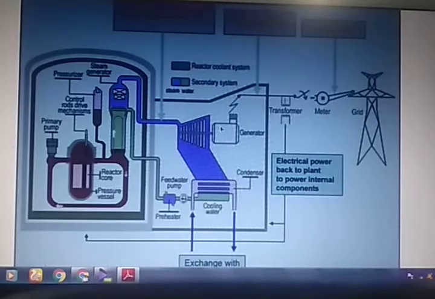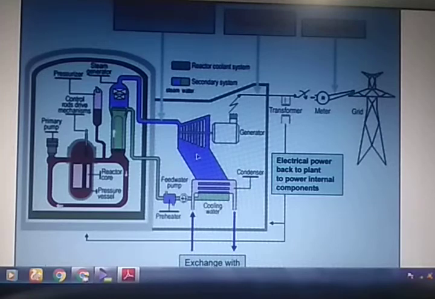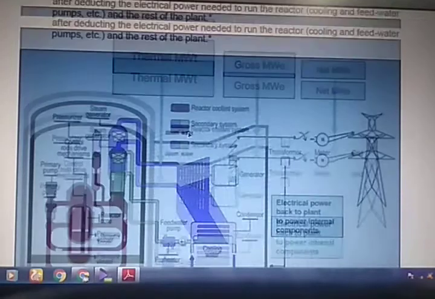In this diagram, this blue portion is thermal MWT, where fission reactions take place, connected with the system inside, and whatever heat is produced, this water is converted into superheated steam this way. The quality of any nuclear reactor depends upon the quality of this thermal MWT.